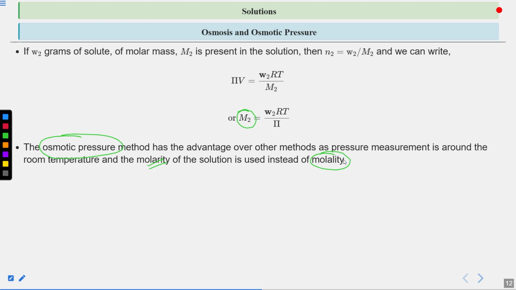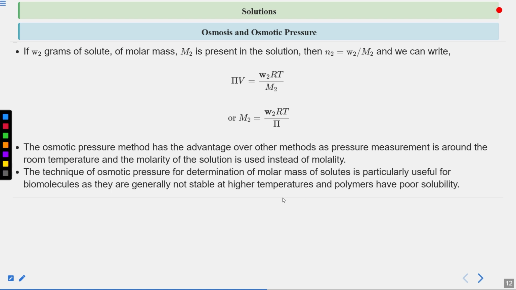So it gives you a specific volume which has temperature dependence. If you are studying a scientific thing, then you must specify the temperature. In case of molality, two different concentrations may give the same molality as it is dependent upon mass. But this is not true for molarity, and hence it is more scientific in nature.